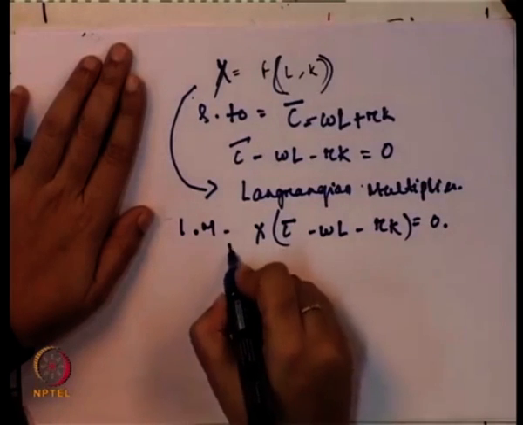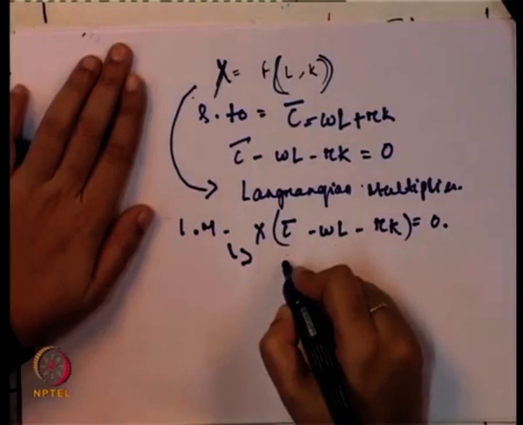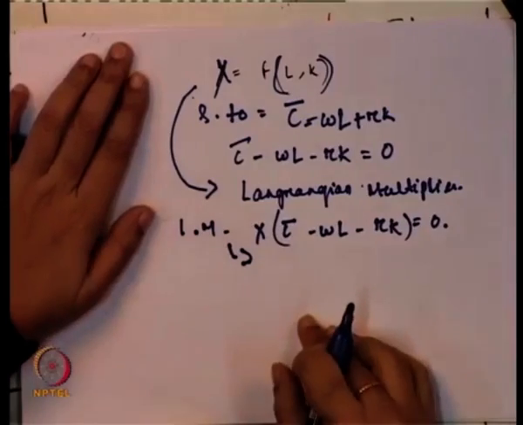What is lambda? It is an undetermined constant we generally use to maximize or minimize a function, because if there is a constraint associated with it, we cannot directly maximize the production function, and that is the reason we take the help of the Lagrangian multiplier method.